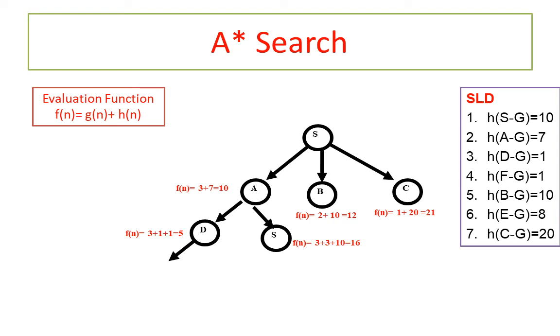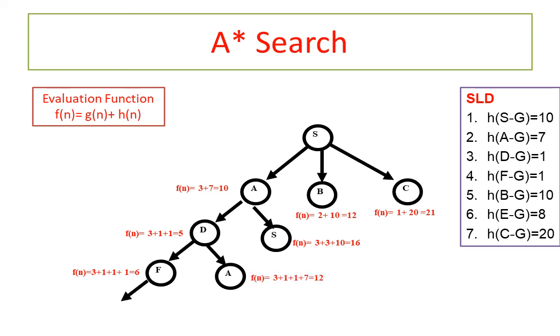Here again the minimum is D, so we are evaluating that one, and here f is equal to 3 plus 1 plus 1 plus 1. From S to A it is 3, A to D is 1, D to F is also 1, and the straight line distance of F to G is also 1, therefore the evaluation function we get is 6. For A, adjacent to D, f of n is equal to 12.